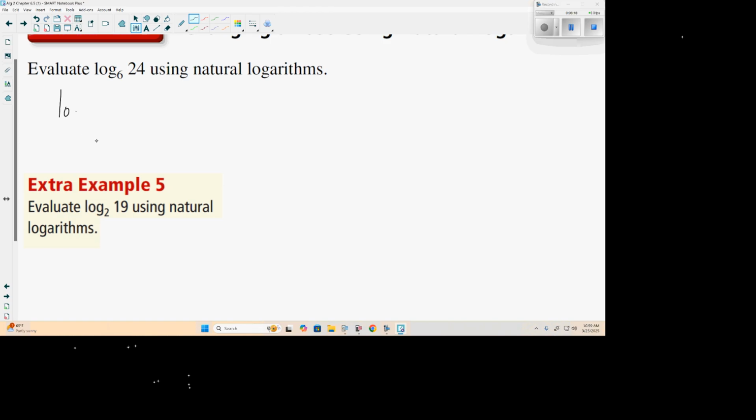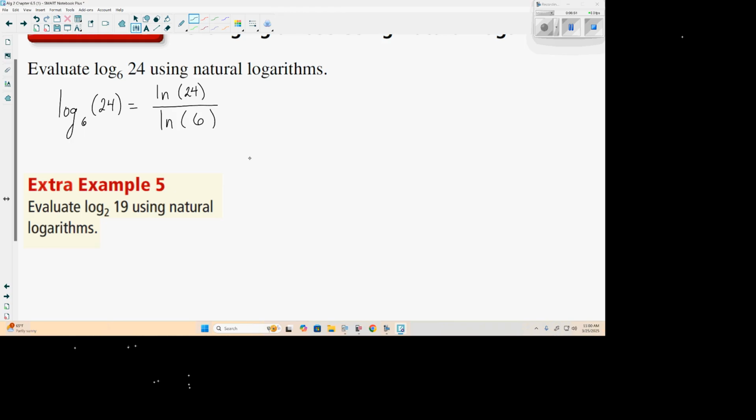This time, we want to evaluate it using natural logs. So instead of having log on top and bottom, we're going to have ln, our natural log. What do y'all think the number on top inside that log is going to be? 24, and the number on bottom is 6. So log base 6 of 24 is the same as the natural log of 24 over the natural log of 6.